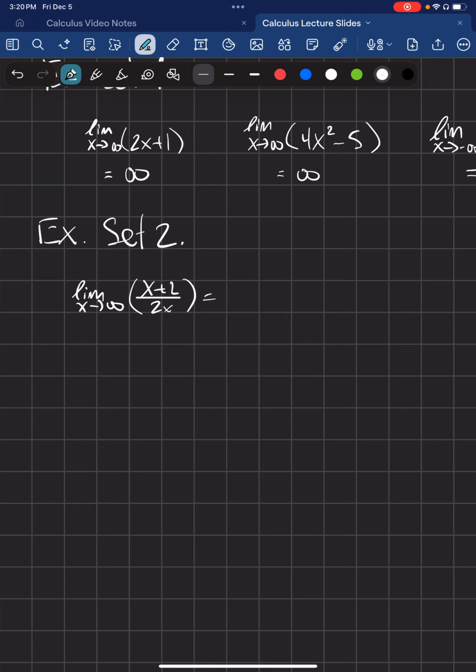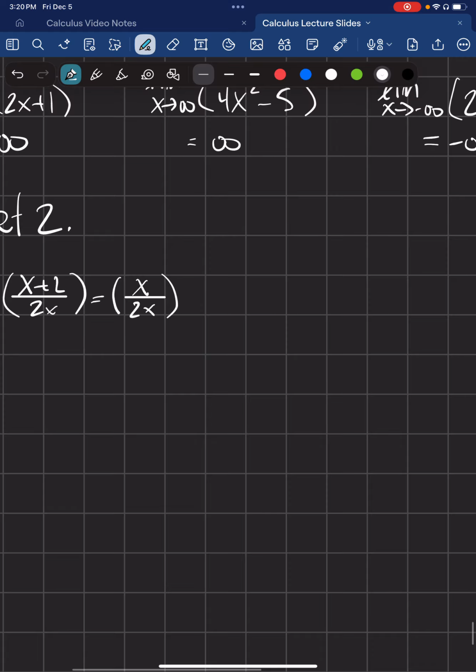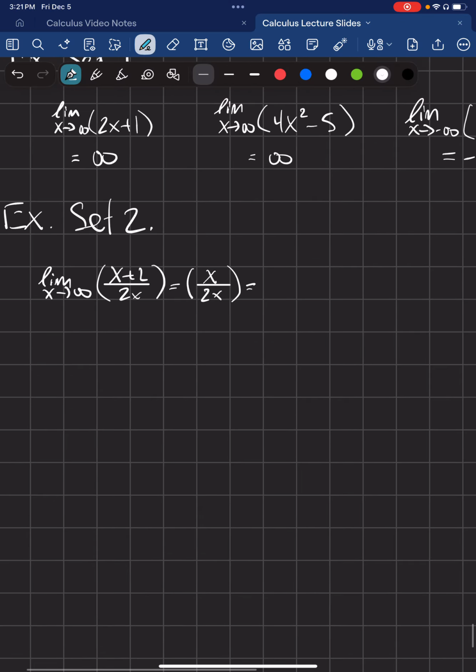When you have something like this, we have to remember roughly what we were talking about before. When you have these really big numbers that you're getting to, your constant terms really don't matter. You can kind of just drop those. So when x is approaching these really, really big values or really, really small numbers, that constant term 2 doesn't matter. So we can just make it x over 2x, which can then be simplified.